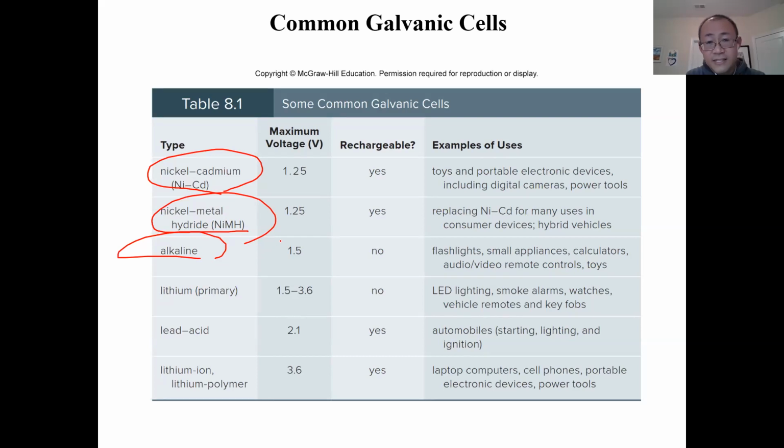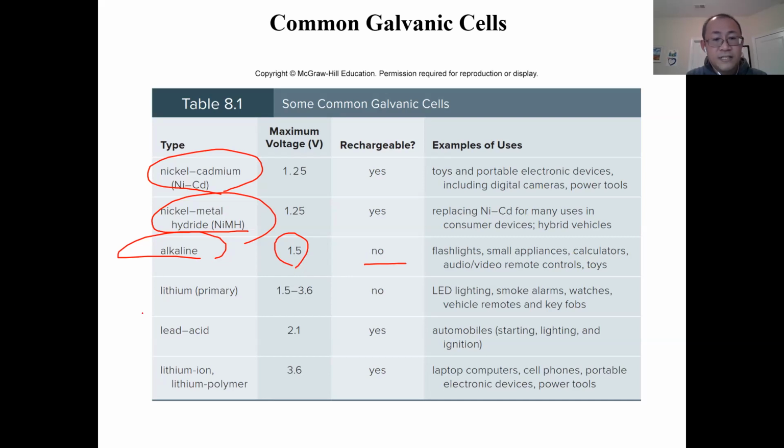It's called the alkaline cell or alkaline battery, because one cell is one battery for alkaline cells, and the voltage is 1.5. Alkaline batteries are not rechargeable, and they are used everywhere in our everyday life, right? Flashlights, small appliances, calculators, audio and video remote controls, and toys.